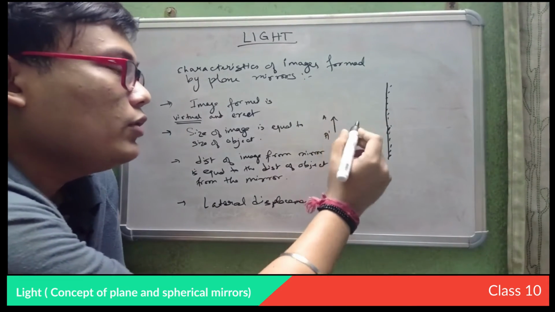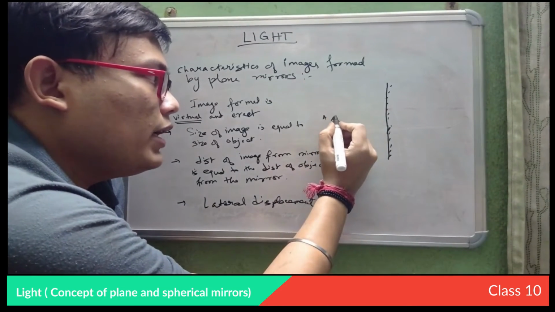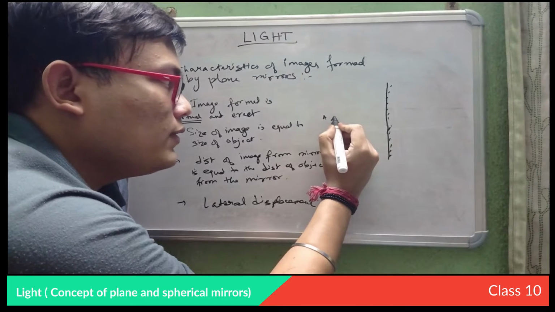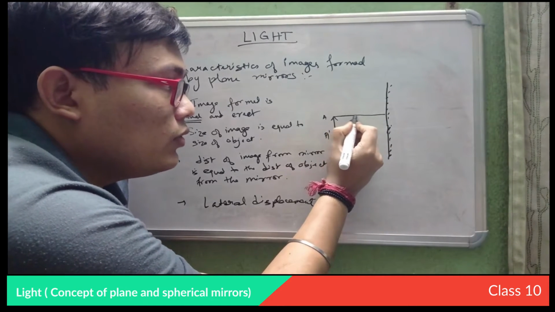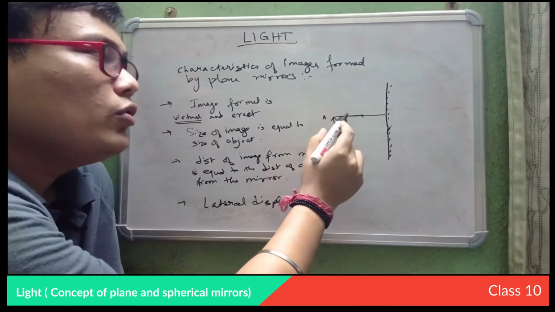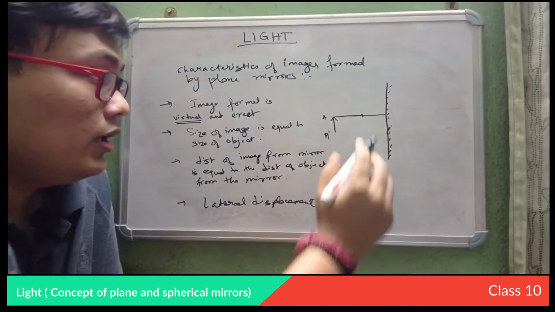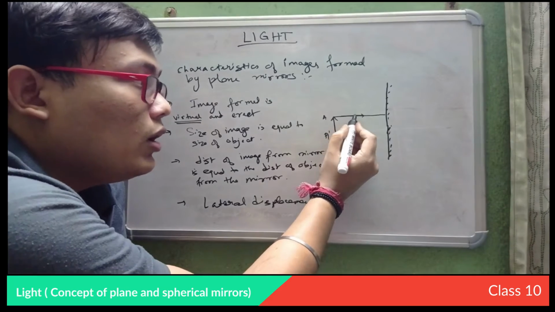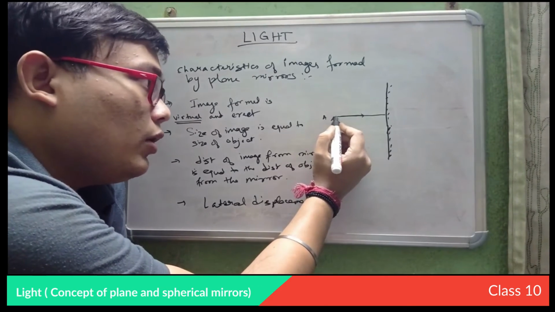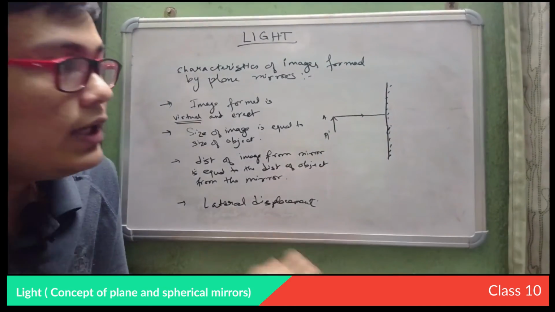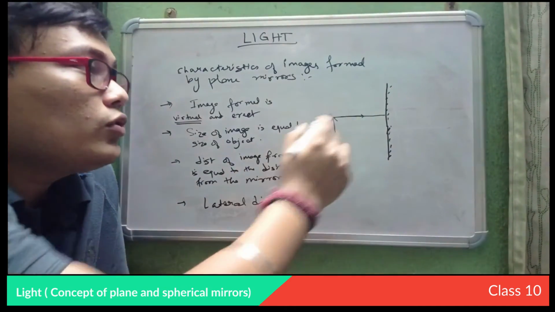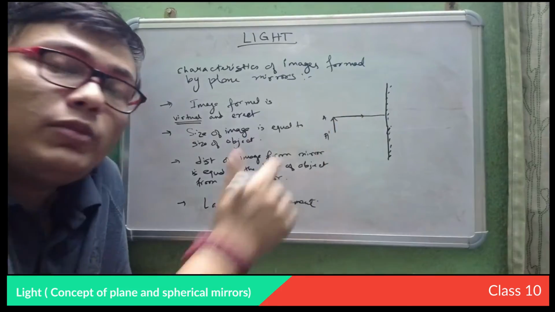Now we know, let's say that a ray is reflected from the object to the plane mirror. If you notice, this ray is along the normal. So what do we know, that if the ray is along the normal, the angle of incidence for this ray becomes 0.